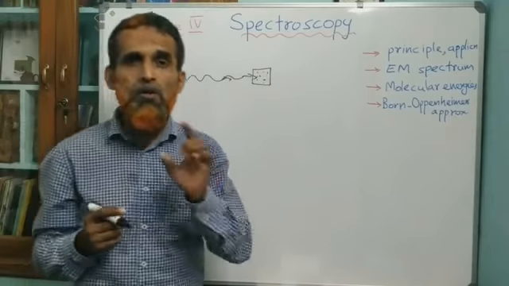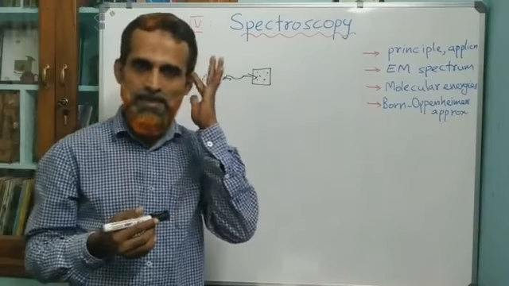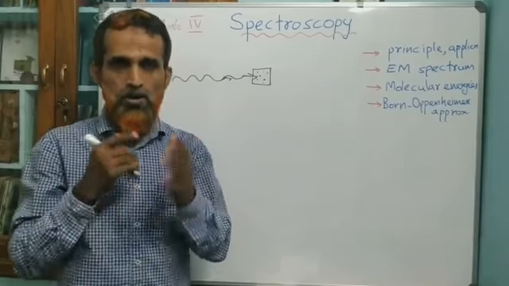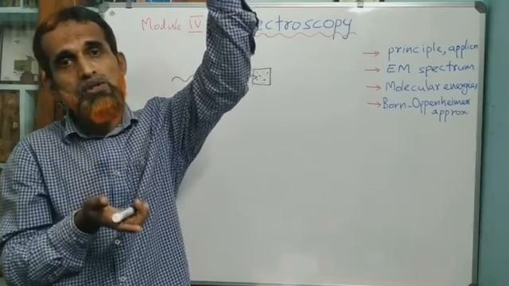You are familiar with emission spectroscopy from +1 classes. As I told you, the hydrogen spectrum, where you excite a sample of hydrogen, so the hydrogen atoms get excited to higher energy levels.